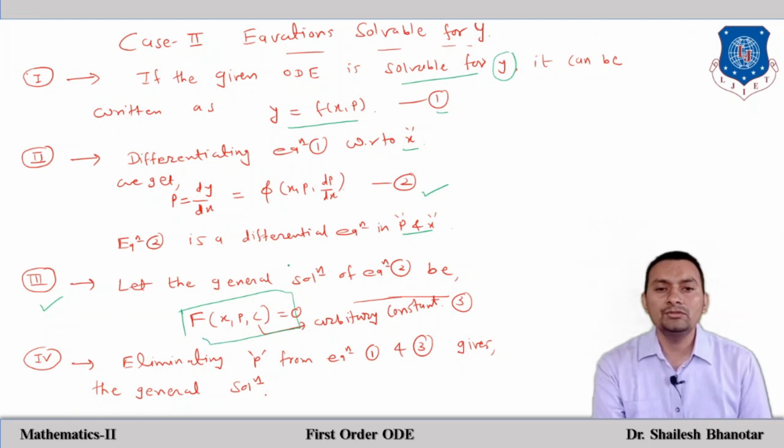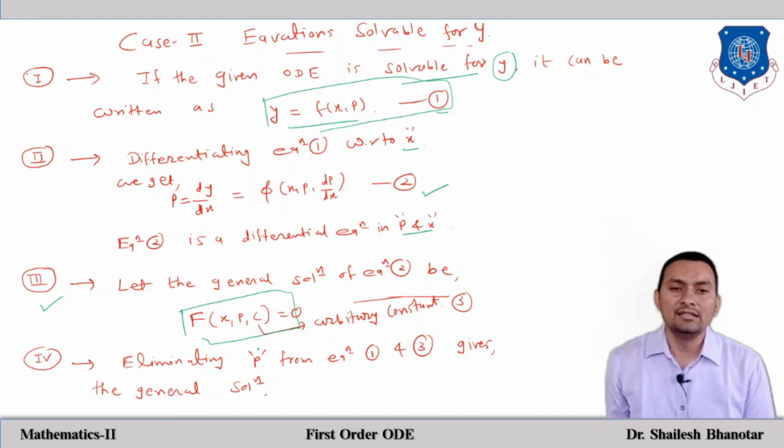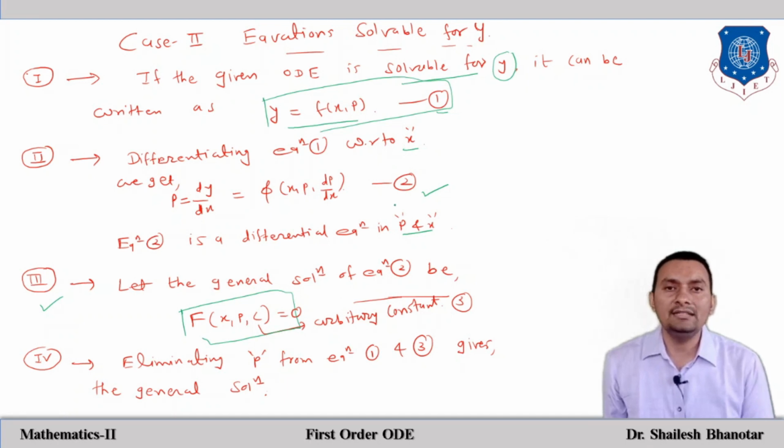Now we have equation number 1 and equation number 3. Solving the first and third, we can eliminate the variable p, and the final answer will be our general solution. That means elimination of p from equations 1 and 3 gives the general solution.